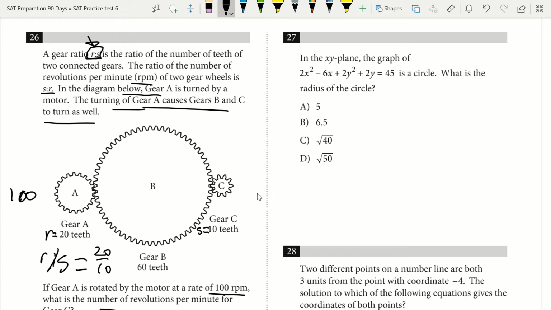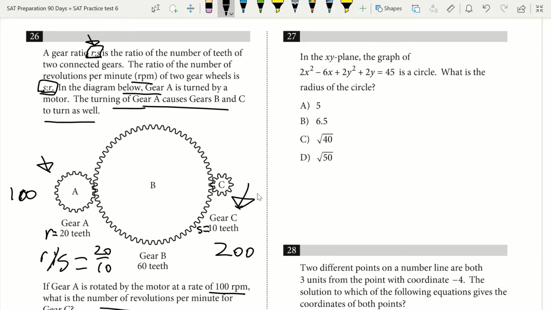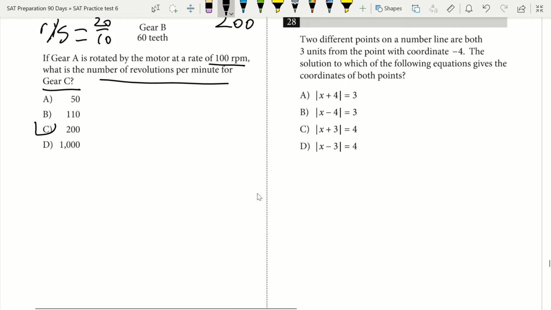So if we have 100 RPMs for gear A, then it's going to have to be 200 for gear C, since we have the ratio SR for the number of RPMs of the gear wheels. Since this one has half as many teeth, it has to have double the RPMs of gear A. So the answer there is going to be C for number 26.